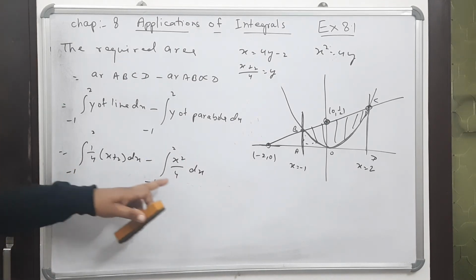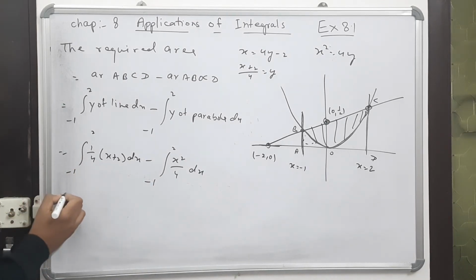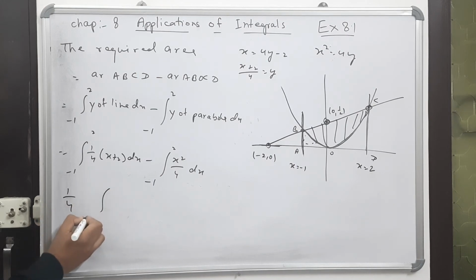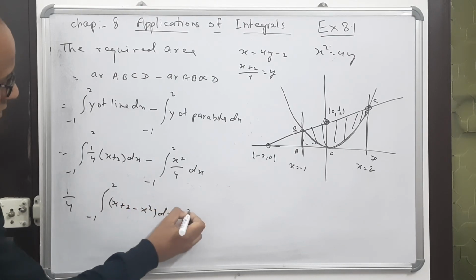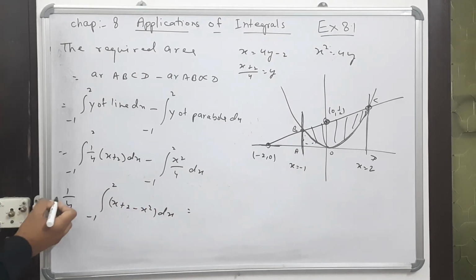Now you see this 4 and 4, it is common here. So we can take this 1 by 4 outside, and it is integral minus 1 to 2 of x plus 2 minus x square dx. See this part. That will be our answer.